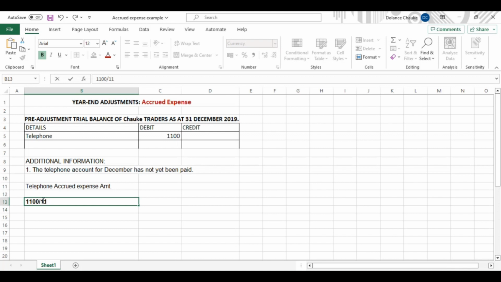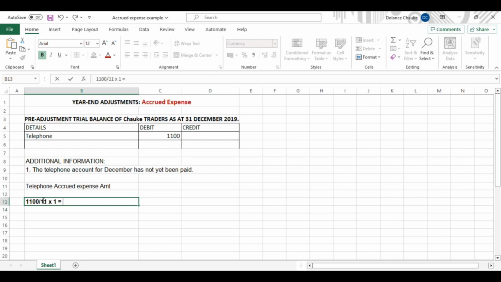We also say 1,100 divided by 11 months multiplied by 1 month, so that we can get the amount that is missing for the month of December, okay?